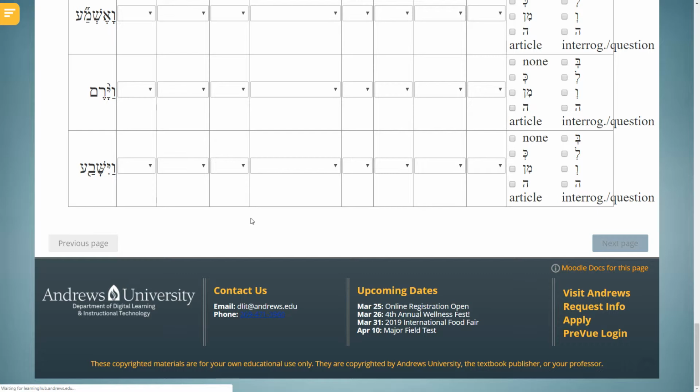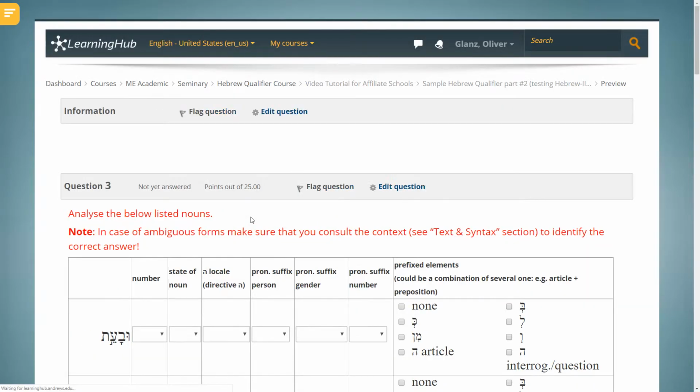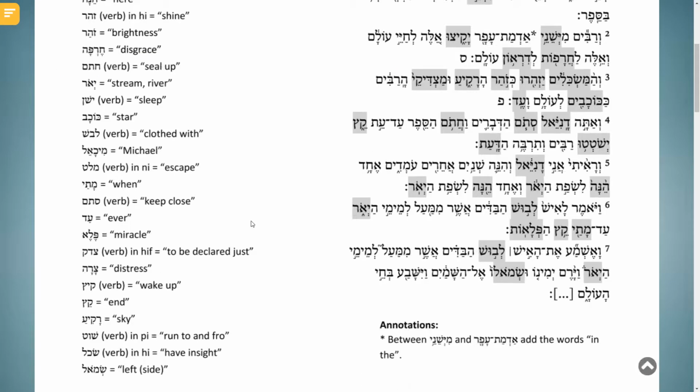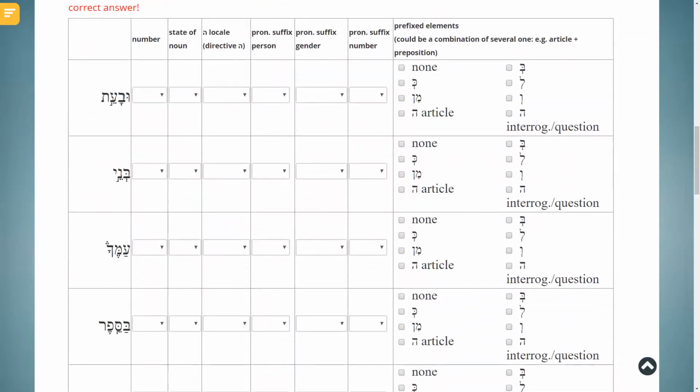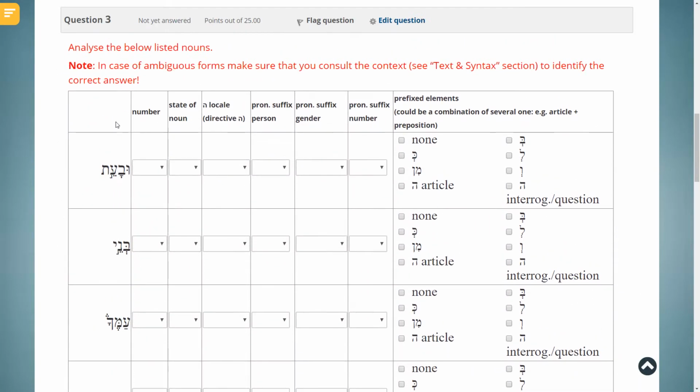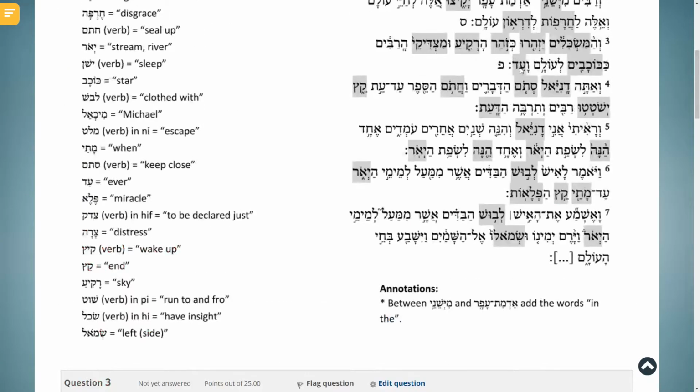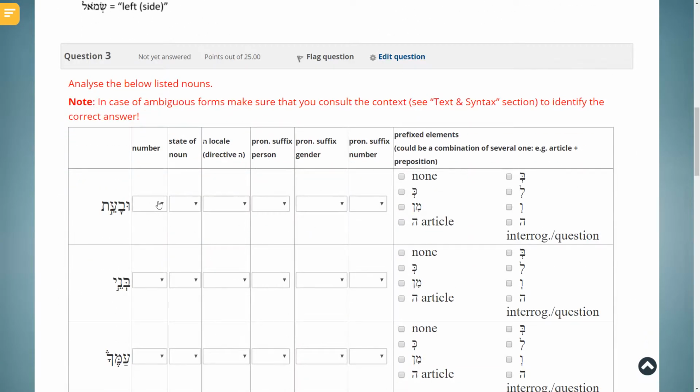And then we go to the last section of this second part of the qualifier. Here, again, morphological questions are asked, but this time regarding the nouns that appear in the text: number of the noun, state of the noun, whether there is a locative hey or not, whether there's a pronominal suffix present or not, and if it's present, what person, what gender, what number.